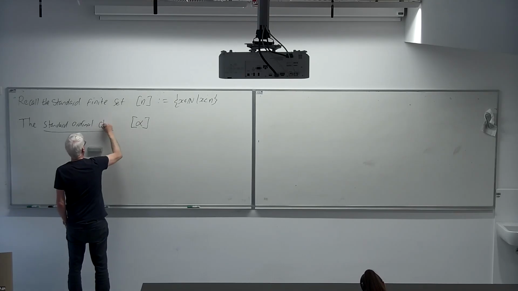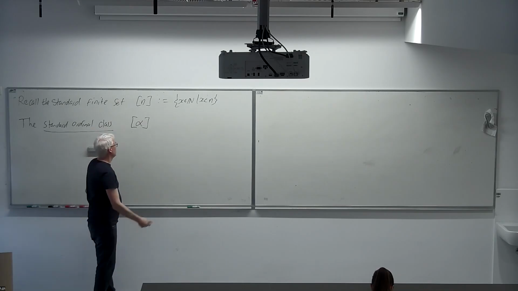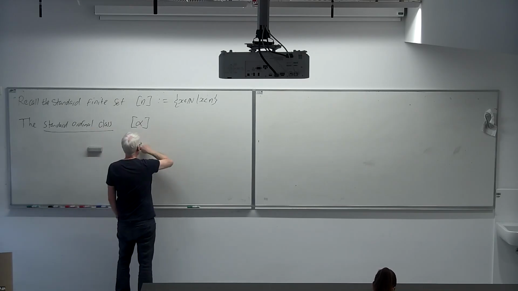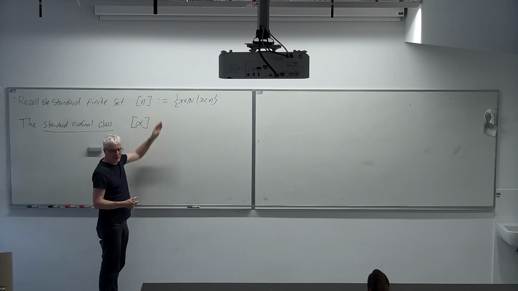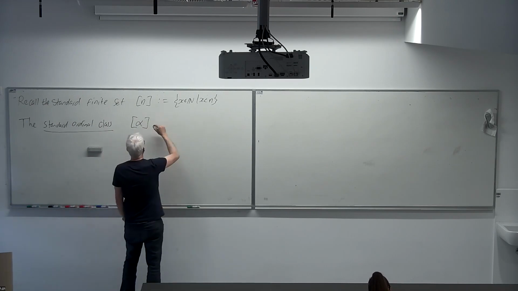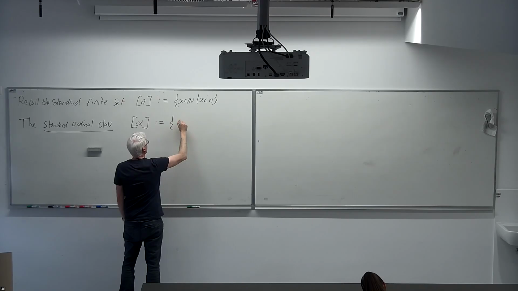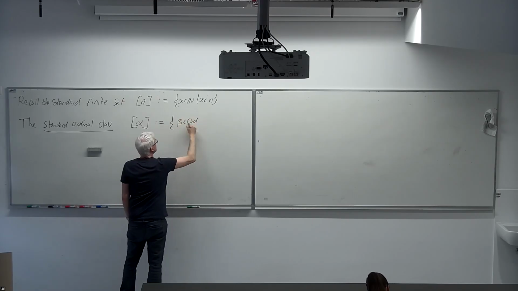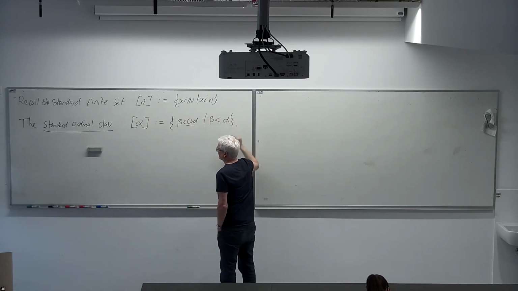At the moment, we're going to define it as a class, because we've axiomatized the ordinals as a class. When we have the natural numbers, we have the axiom of infinity that says the natural numbers are a set. At the moment, the ordinals are a class. So this is the class of all ordinals beta such that beta is strictly less than alpha.